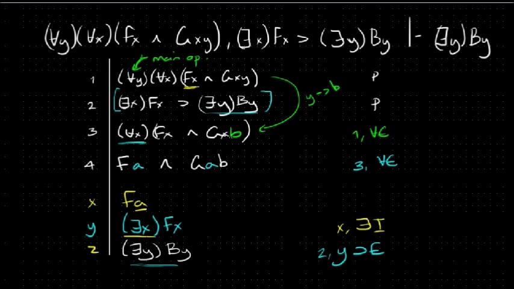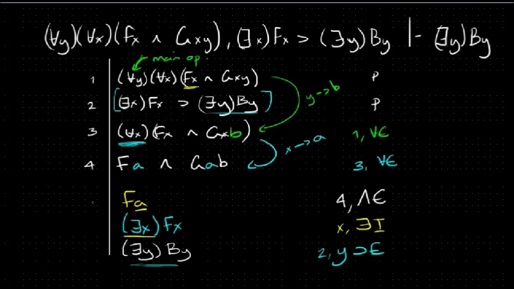In this step what we've done is we've removed this universal quantifier, and every x has been turned into an a. So we ended up with Fa and Gab. Now it's as simple as just doing a conjunction elimination on line 4 to give us line 5.